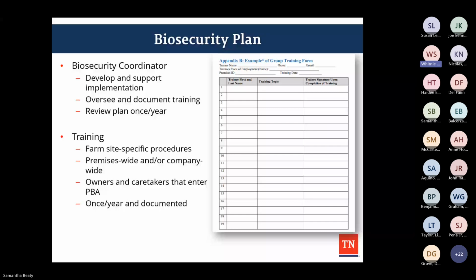And then they would also be responsible for training, again, doing farm or site-specific training or procedures, in addition to a company-wide or area-wide biosecurity plan.